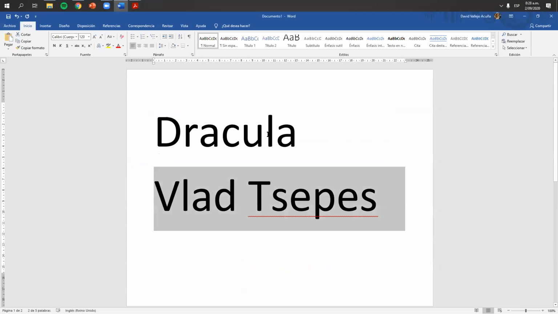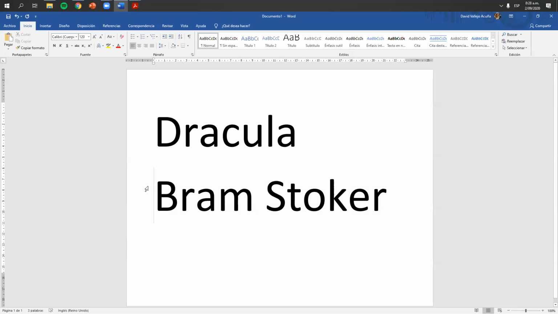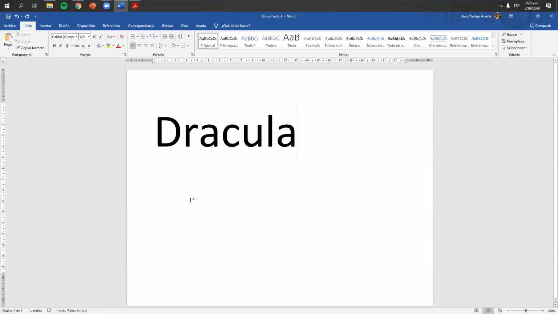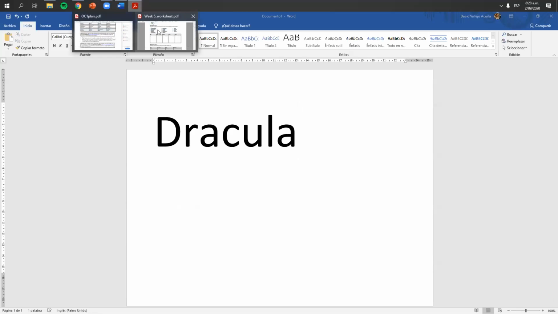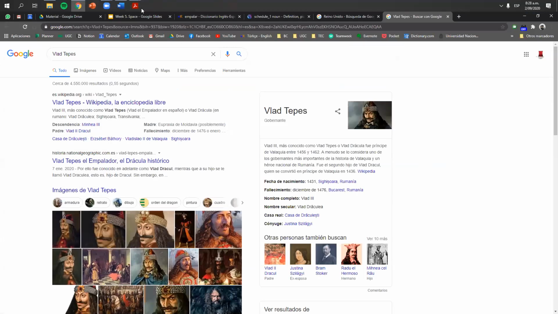Whenever we talk about Dracula, we need to talk about those two options. One is the one from Bram Stoker, the one that inspired all the books and movies about vampires, including Twilight, for instance. And then we have the Dracula who is Vlad Tepes, the Romanian character. So that's a difference we've got there.